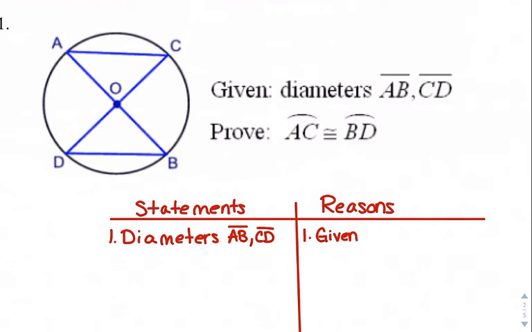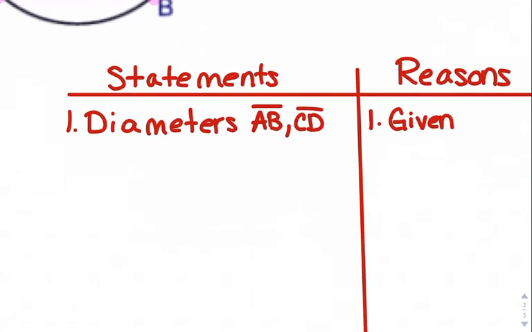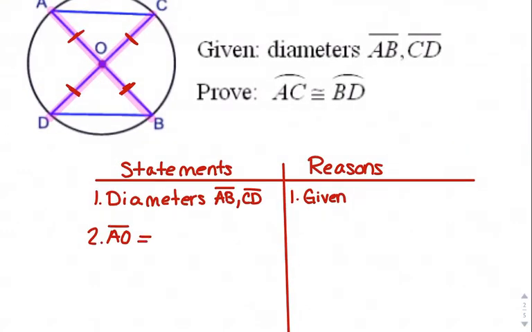Now, looking at this, I know I have two diameters here, AB and DC. Well, remember that diameters are just really two radii, and all radii are congruent. So I can say that AO, BO, DO, and CO are congruent because all radii are congruent. So let's write that. AO is congruent to CO, is congruent to DO, is congruent to BO.